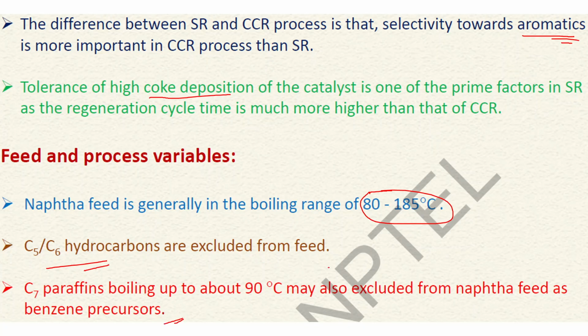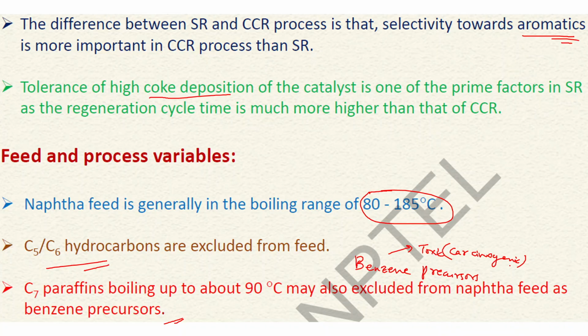Because these C5, C6, C7 feeds act as benzene precursors, and as we discussed earlier, benzene is very toxic in nature. It is carcinogenic. So that is why these C5, C6, C7 cuts are excluded from the feed, so that no amount of benzene is released into the atmosphere.